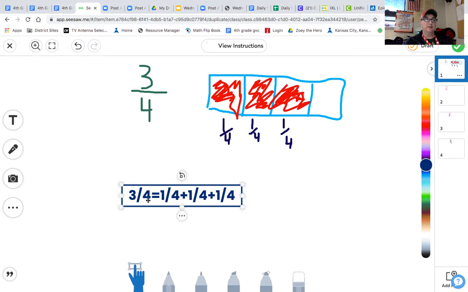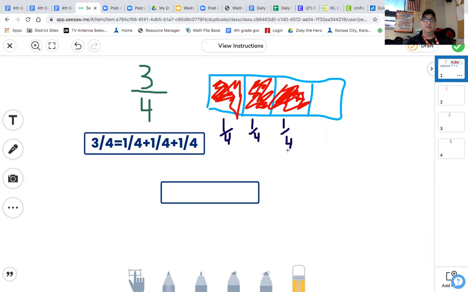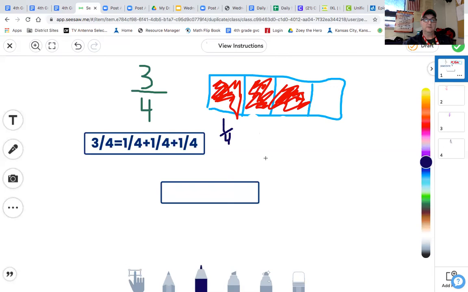But let's think, how else can we decompose this? Well, here's 1/4. And here's, how about this? We could take here, let me change this around a little bit. How about we put those two together like that?